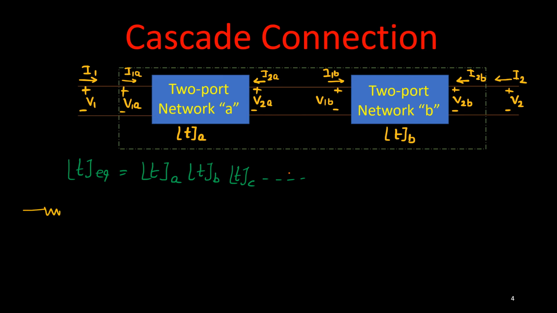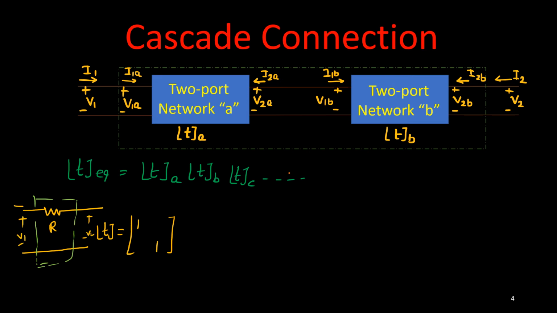If this is the single-element network with a series R, then its T is very simple: 1, R, 0, 1. Remember, this is V1 and this is V2, this is I1 and this is I2.